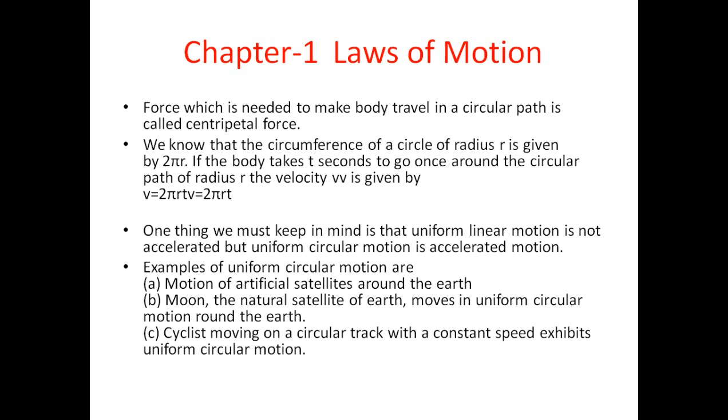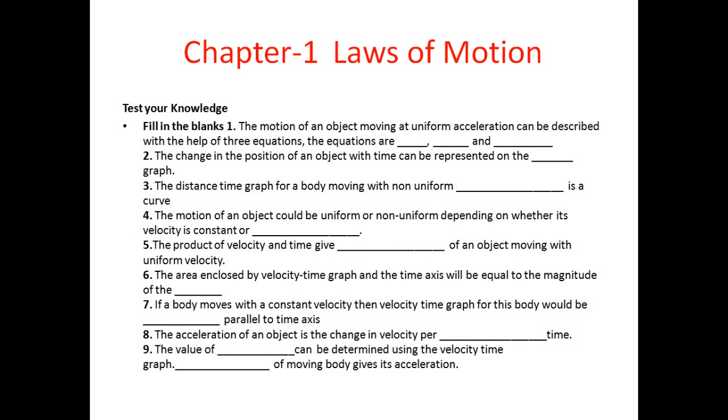Now, look at the third question. The distance time graph for a body moving with a uniform dash is a straight line, and for a body moving with a non-uniform dash is a curve.